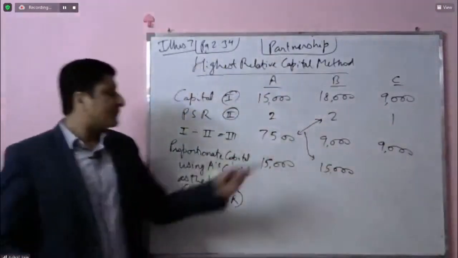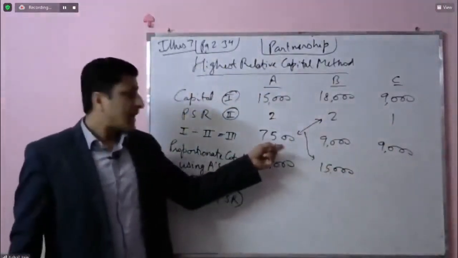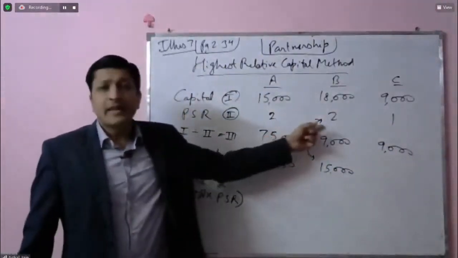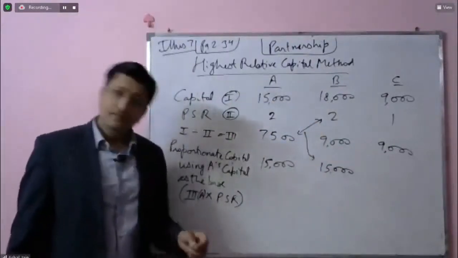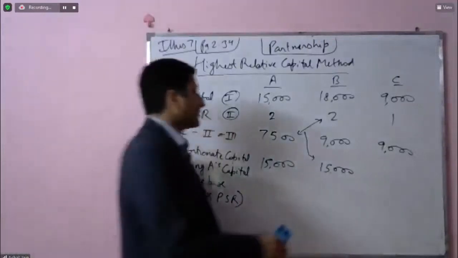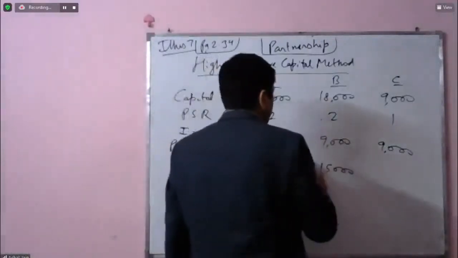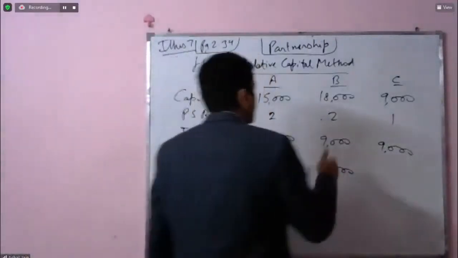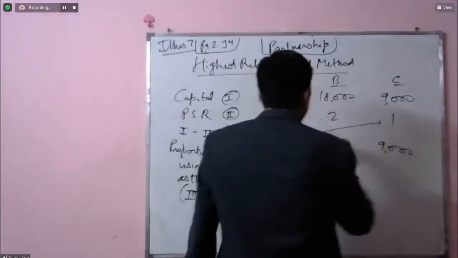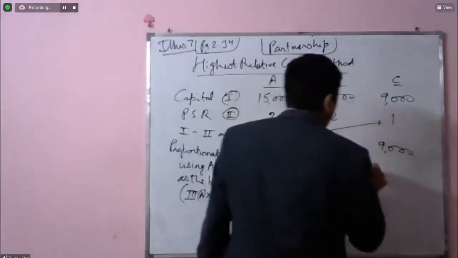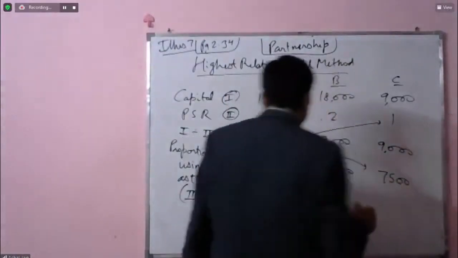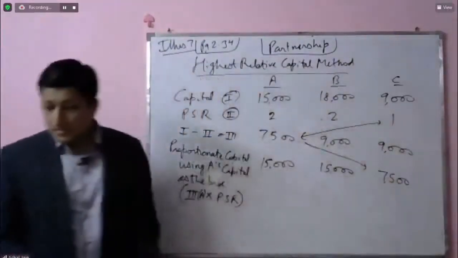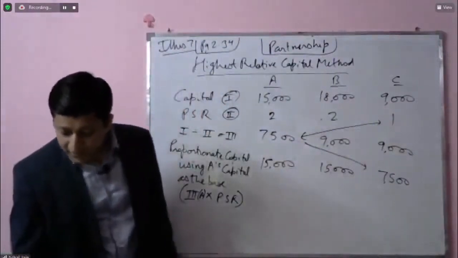We are keeping 7,500 as the base and then multiplying this with the profit sharing ratio. So what do we get? 15,000 again. Then next is 7,500 into 1. So what do we get? 7,500.